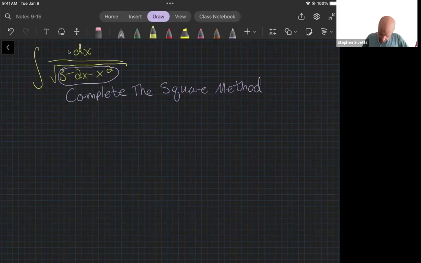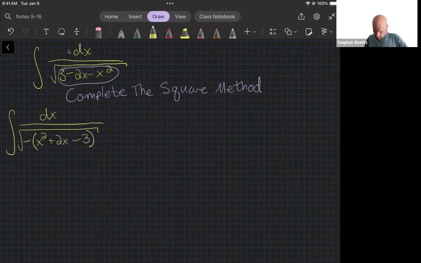What I'm going to do is rewrite this integral as dx divided by the square root of, I'm going to factor out a minus sign, so this looks like minus of x squared plus 2x minus 3.